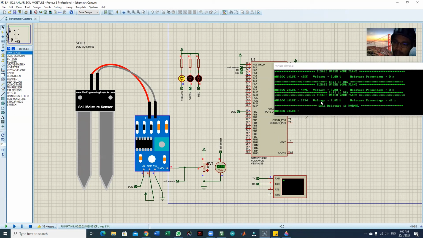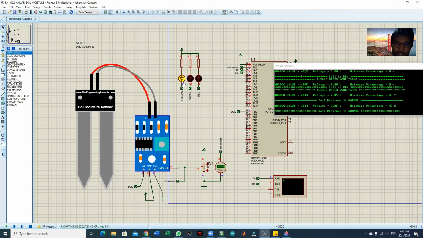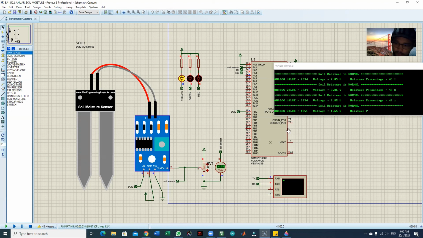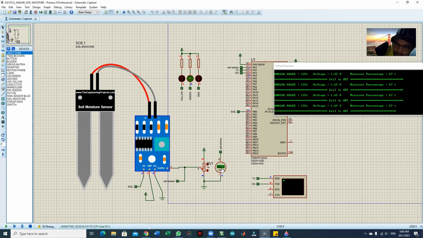When the voltage is 2.85, the yellow LED will be turned on, and the soil moisture is normal, and the moisture percentage at the moment is 43%. And if the voltage is 1.65 volts, the moisture percentage is 67%, which is good, so the soil is wet.